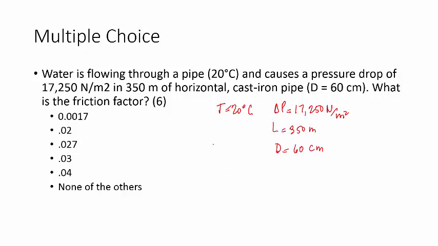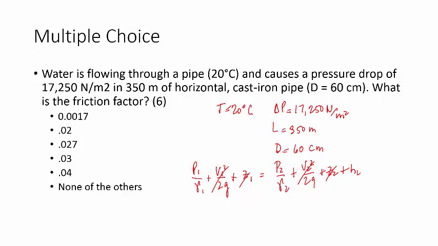Now, just as a routine exercise, whenever we look at those 2 points, we have to do this. There's no pumps or anything, so we have P2 over gamma, V2 squared over 2g, plus Z2, plus the losses. The velocities cancel because they're the same. The elevations cancel because it's a horizontal pipe.